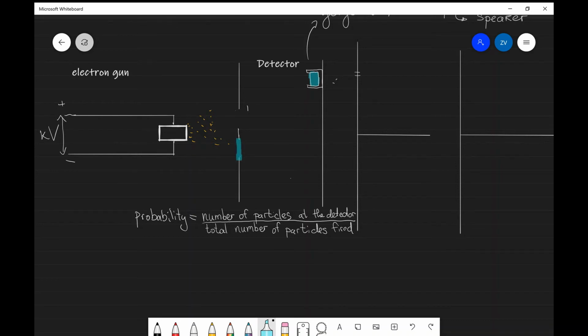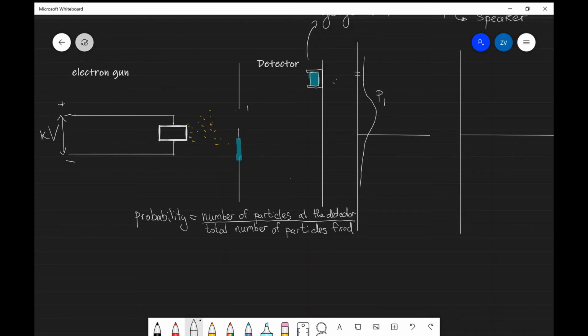Now, when that's the case, what we observe is essentially particle behavior. So we have the good old curve that we're now familiar with, centered somewhere around slit number 1, and we're going to call this probability 1. So far, so good.